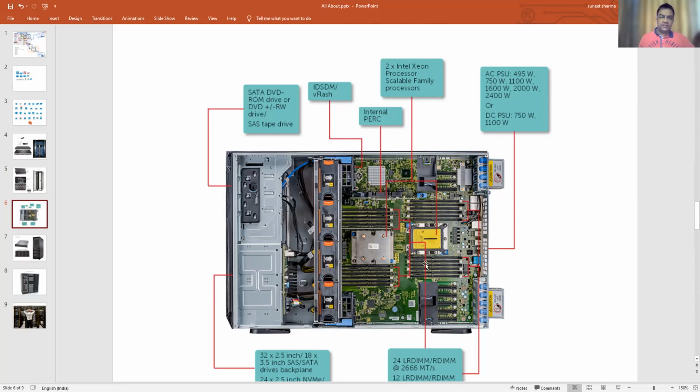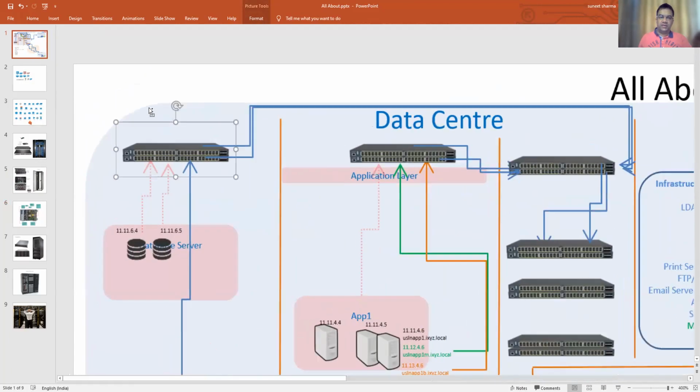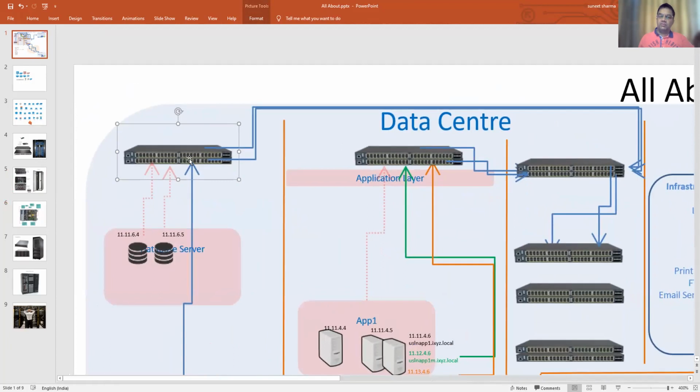Okay, let's continue. Server is done. We have seen the chassis and we have seen the server. Now, what about the network component? For the network, we have already discussed that there will always be multiple devices configured. If one is down, another will take over.